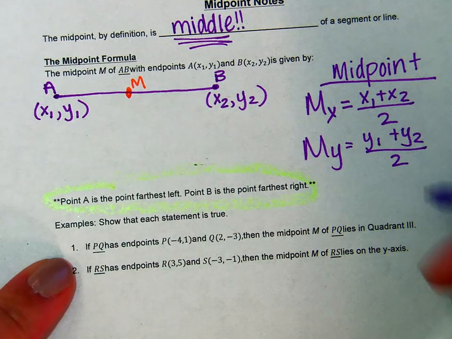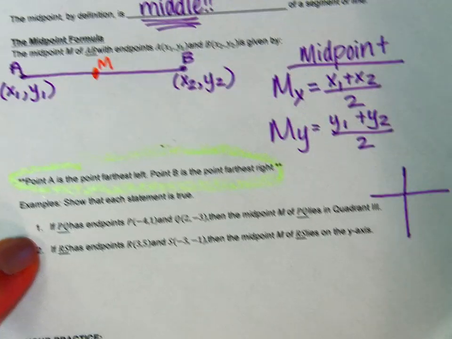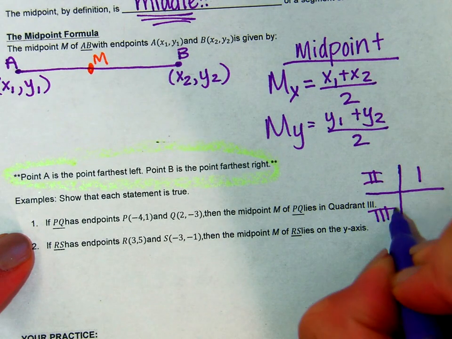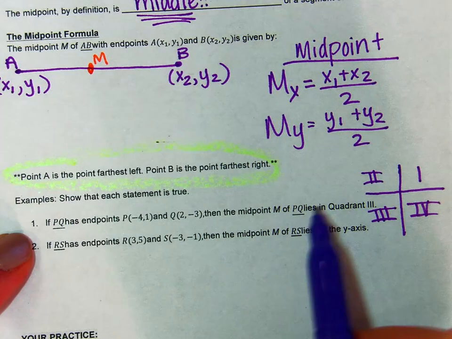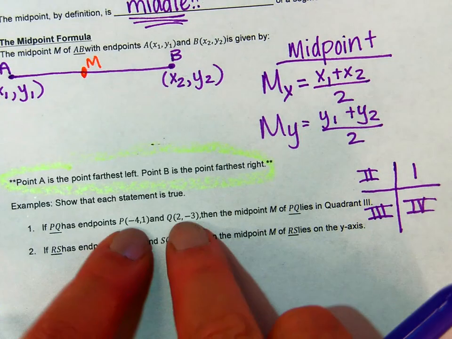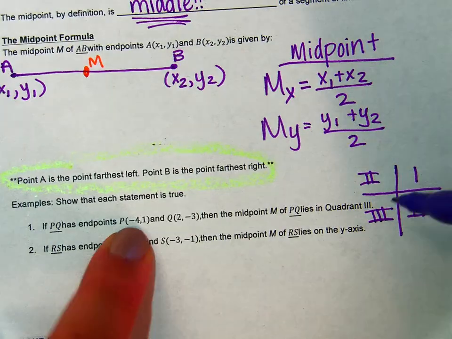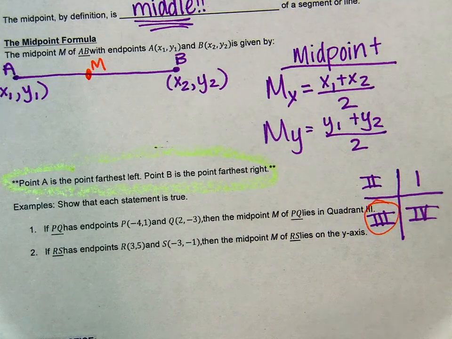Very quickly, just to remind us, our quadrants go 1, 2, 3, and 4. This first problem is telling me that the midpoint has to be in quadrant 3. So let's prove that it's in quadrant 3.